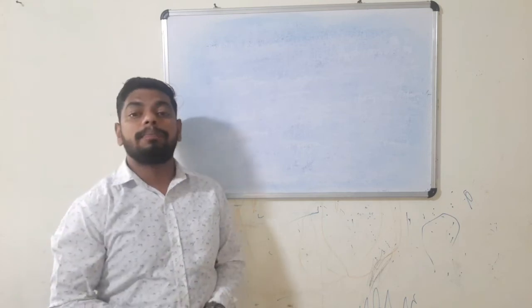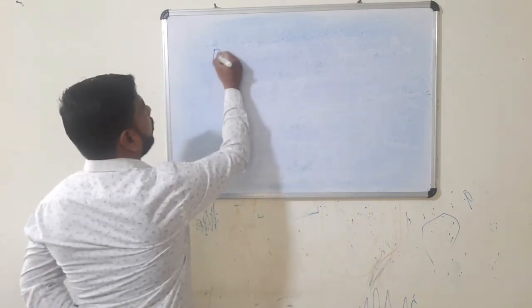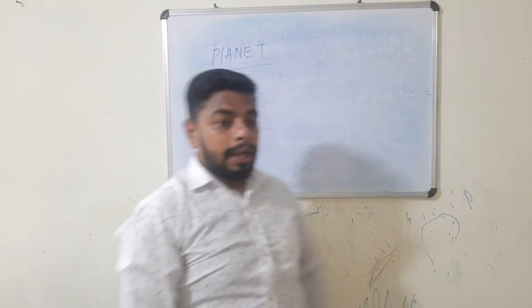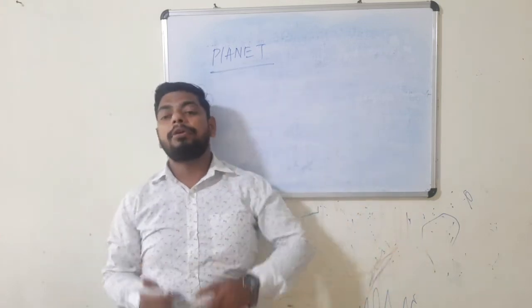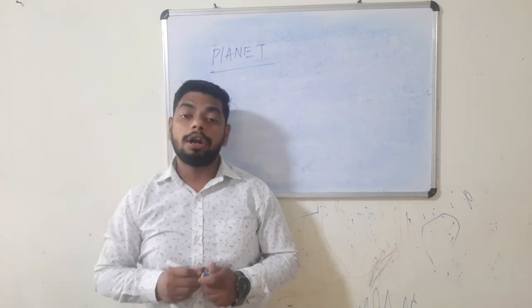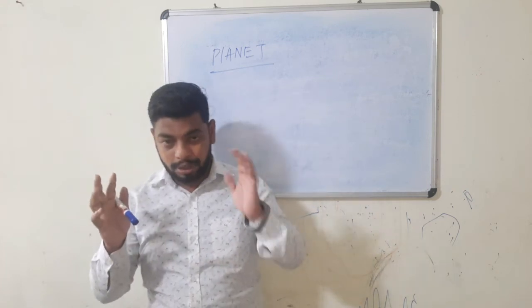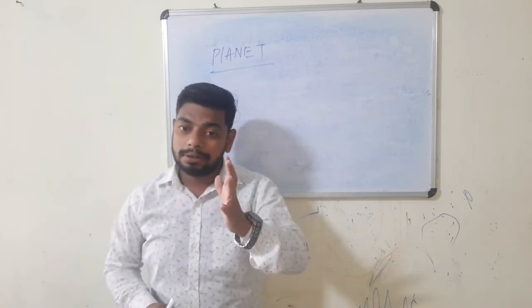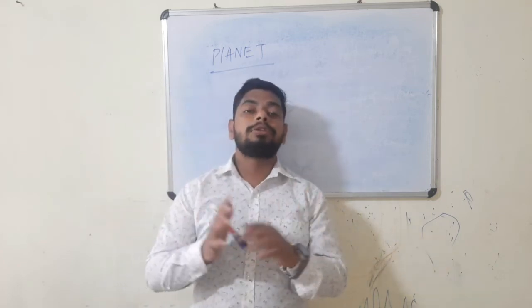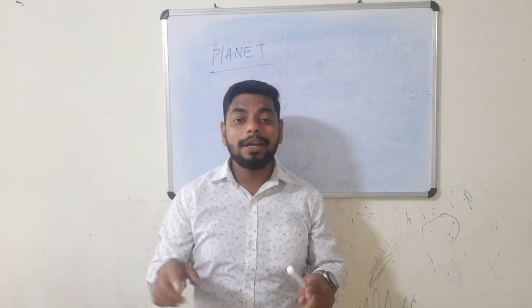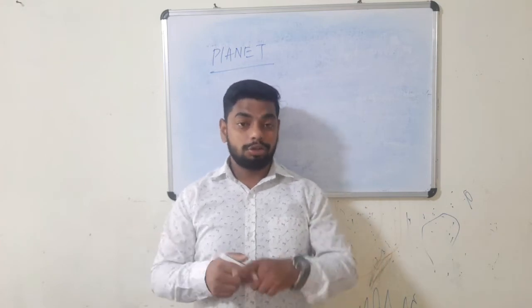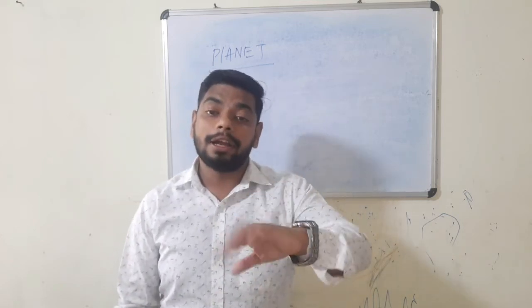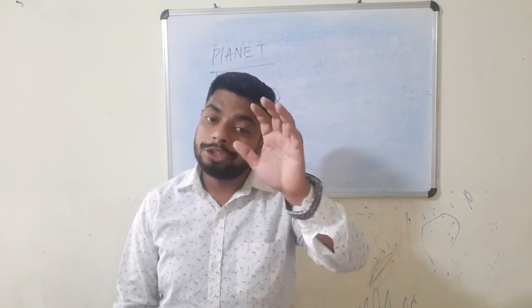Next, let's discuss the planet. Actually, all the heavenly bodies which are found over the sky are called celestial bodies, and those celestial bodies which have their own heat and light are called stars, and those which do not have their own heat and light are called planets. Planets are getting light and heat from the star.